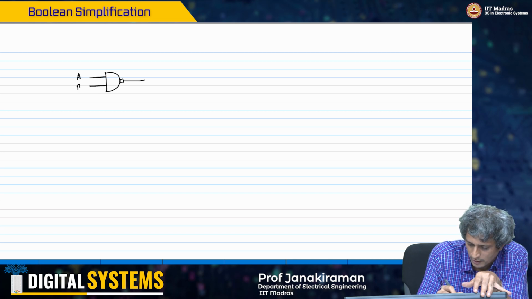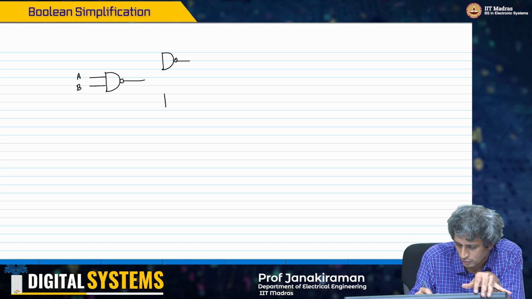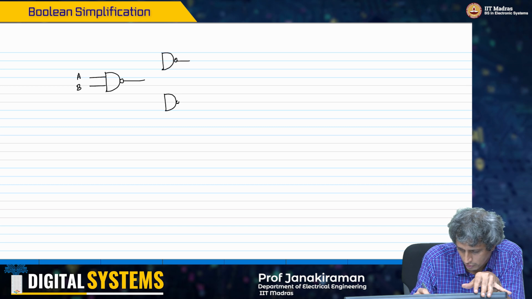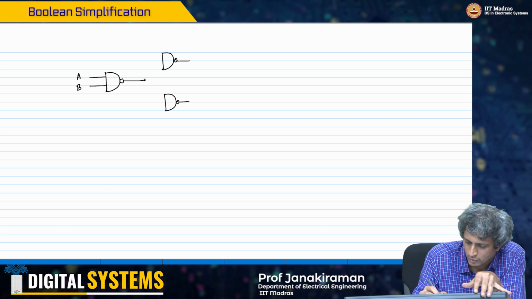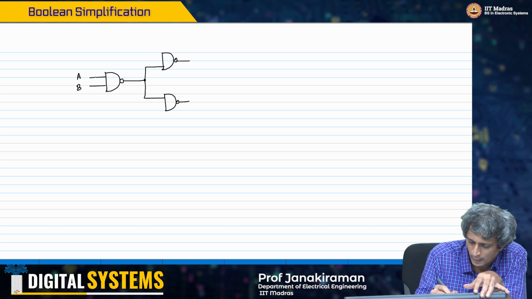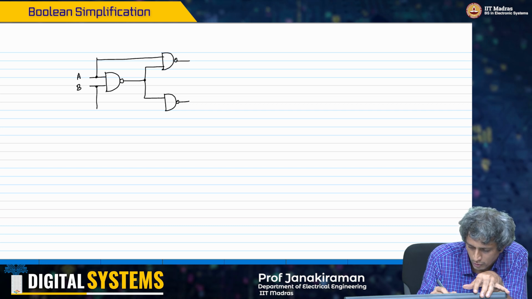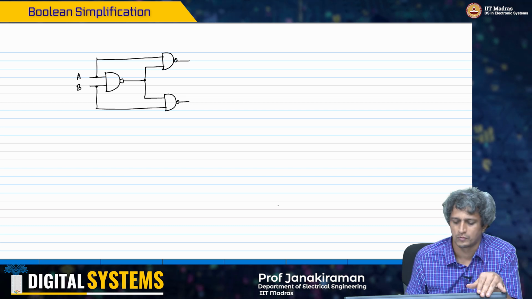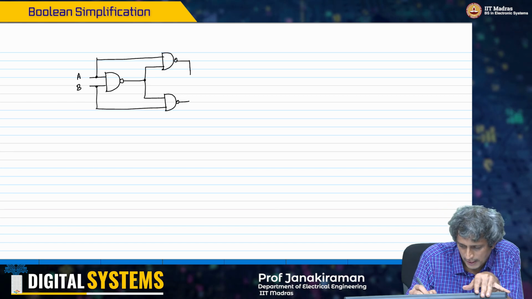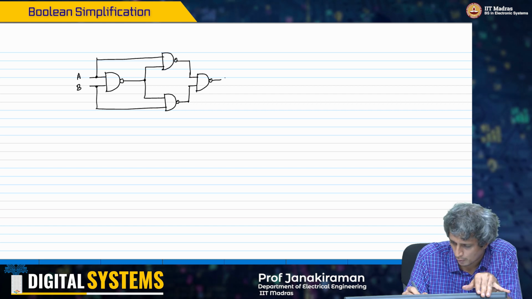So I have A, B, okay. Then I am going to combine these two again with another NAND gate, Y.